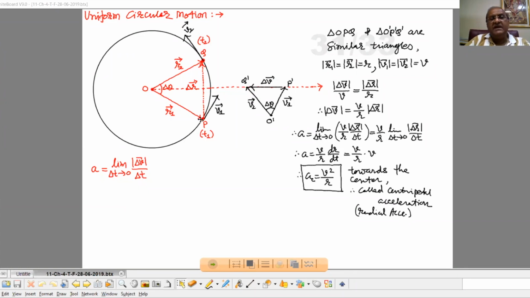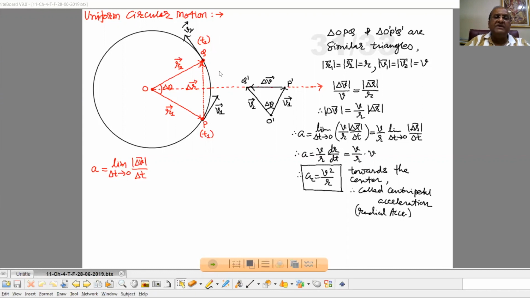Then R1 is the position vector of the particle at time t1. Now the velocity is in the tangential direction. So here we can represent the velocity vector v1 in the tangential direction, and the radial and tangential directions are always perpendicular to each other.